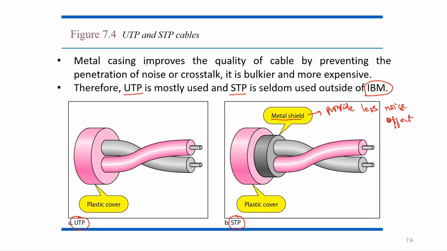The metal casing improves the quality of the cable by preventing the penetration of noise and crosstalk. But an STP cable will be bulkier and also more expensive. That's why UTP cables are mostly used. So these are the two types of twisted pair cables.